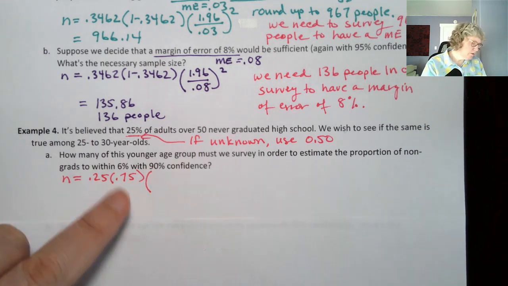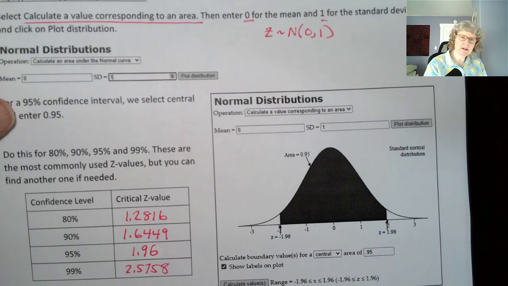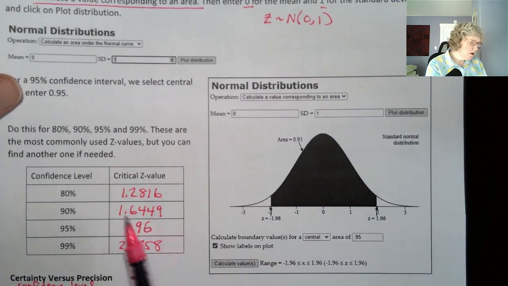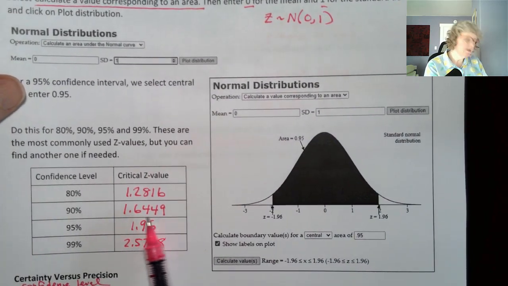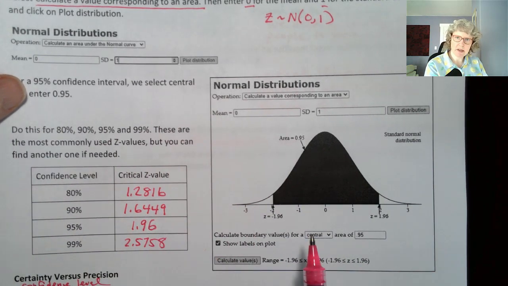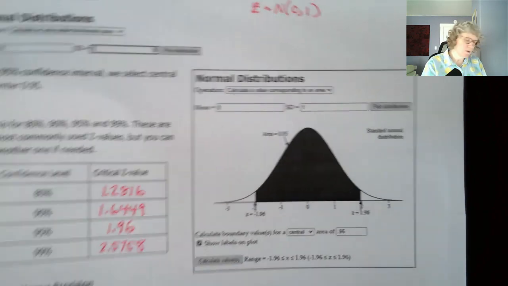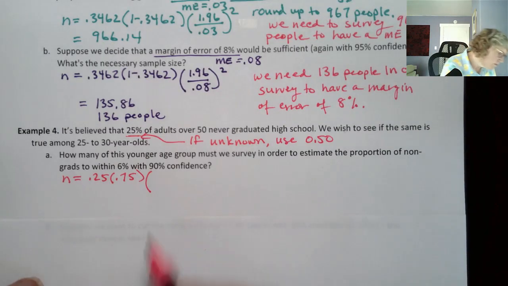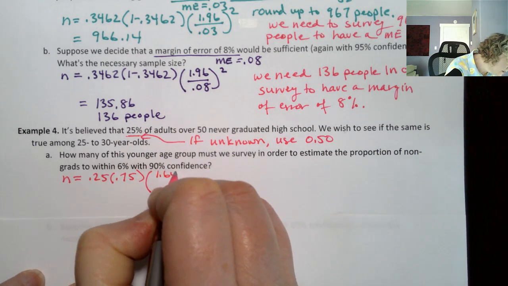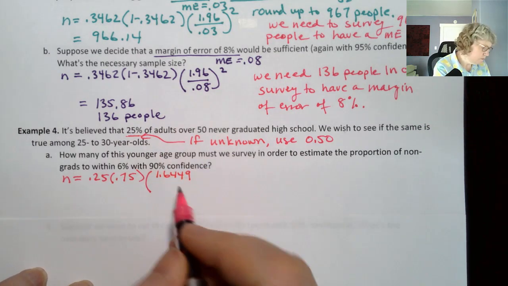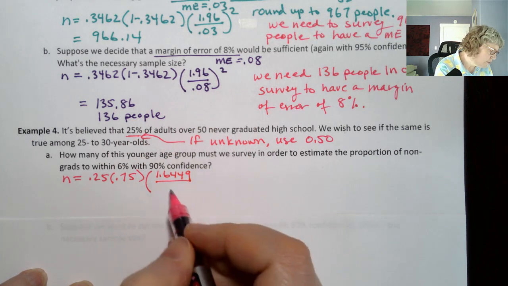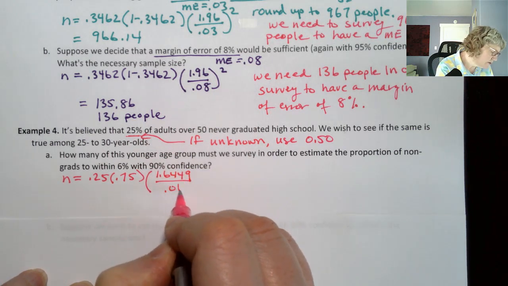Now we have 90% confidence, so I need to find my 90% confidence level, or if you didn't have this handy, you could just go right to Staplet, put in a central area of 0.90, boom, you got it. 1.6449, over our margin of error of 0.06.